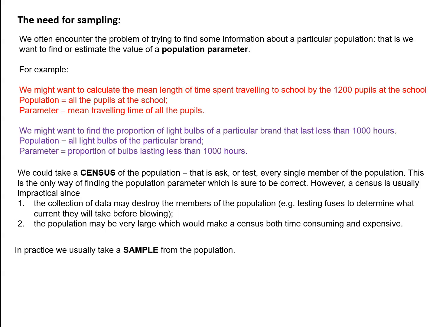So in practice we usually take a sample from the population, and it's important to realise that the process of choosing a sample is far from straightforward, because we've got to take care to ensure that the choice of the sample doesn't introduce an element of bias into the sample.